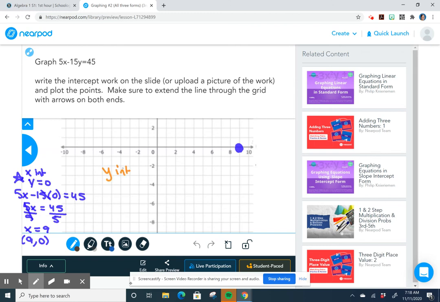Now you have to do the y-intercept. And when you have the y-intercept, you're not going left or right any, so that's why x is 0. So then we have 5 parentheses 0, negative 15y equals 45. Be careful when 5 times 0 is 0. Some students tend to forget the negative sign, so just beware, be cautious.